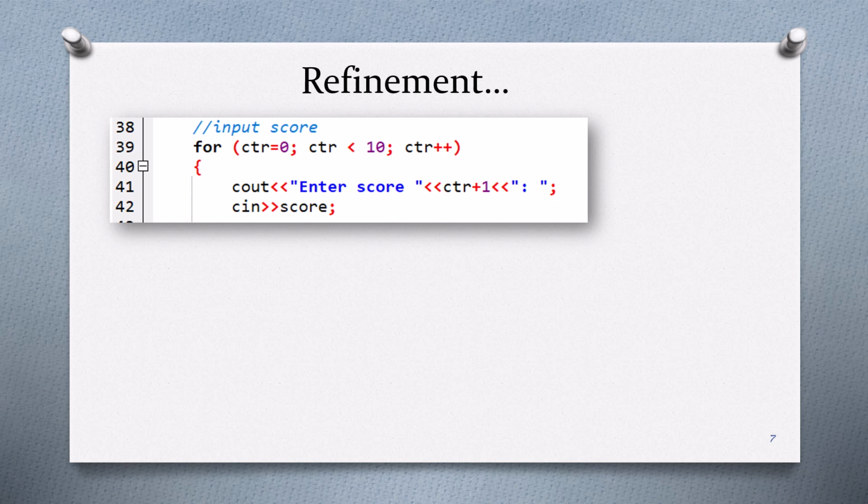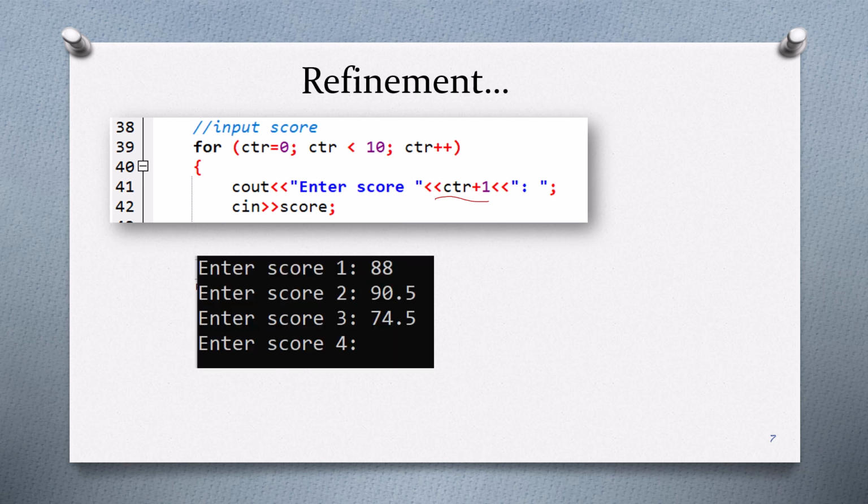You simply add counter plus 1, because you start the counter with 0, so enter score, counter plus 1. So you will be prompted with a better instruction: enter score number 1, score number 2. This is much better for the user, right? Now notice that it has become systematic: number 1, number 2, number 3, and so on.